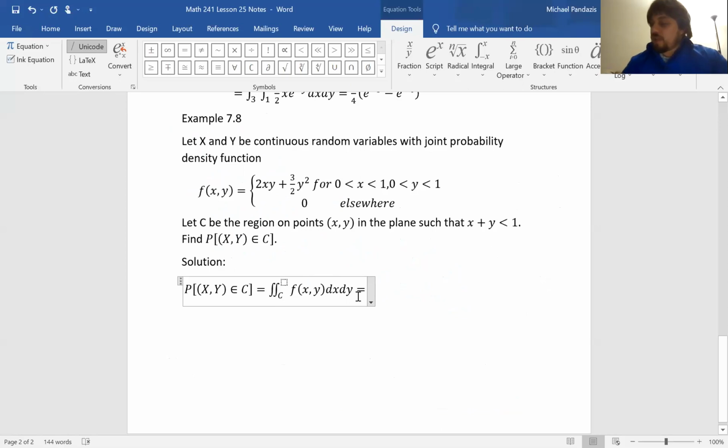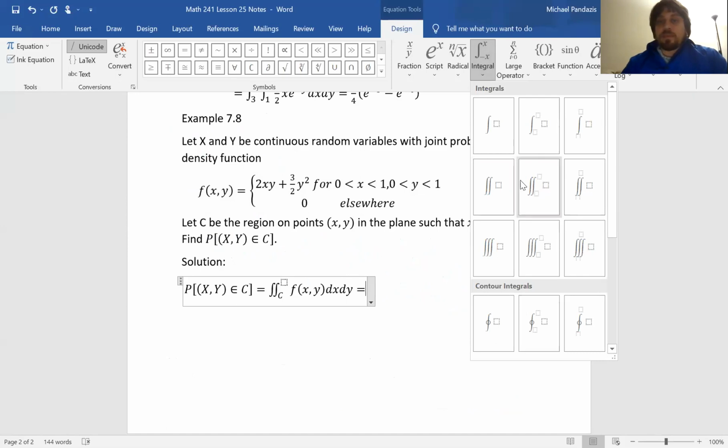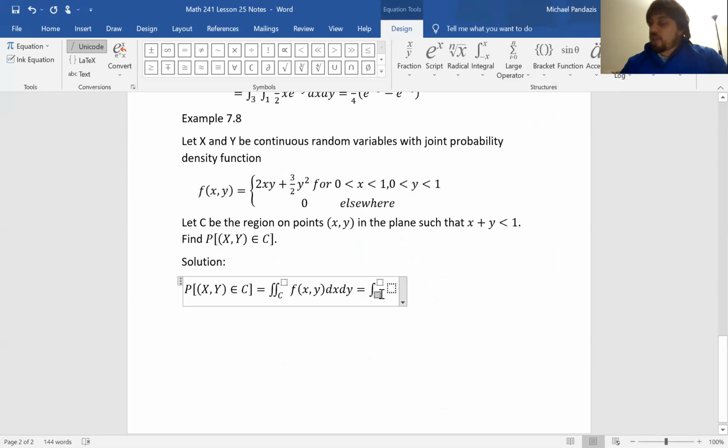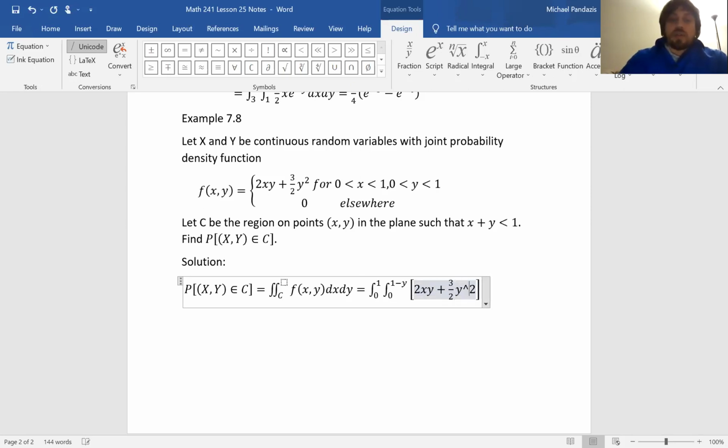Okay, so when we take this double integral, we're only going to want to integrate there. And so first, with respect to y, we're going to go from 0 to 1. And now if we integrate with respect to x, it's going to be from 0 to 1 minus y of 2xy plus 3/2 y squared. This is dx dy.